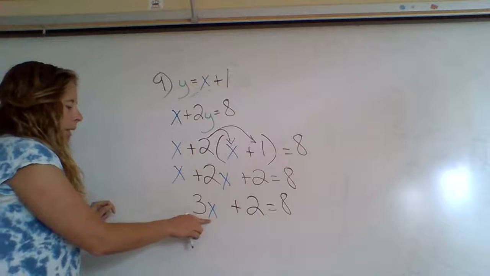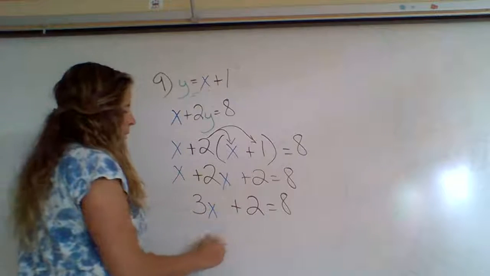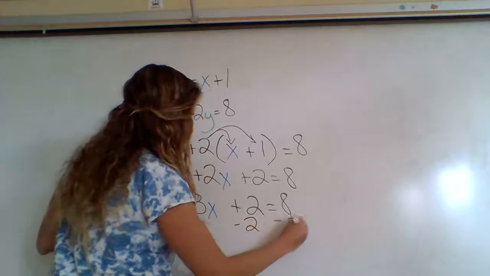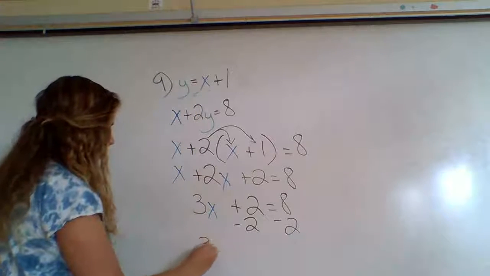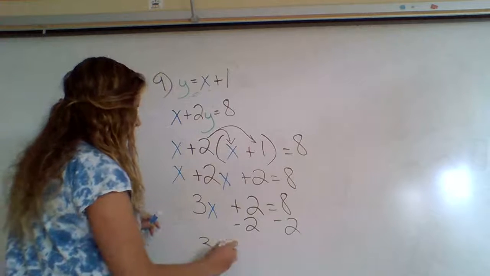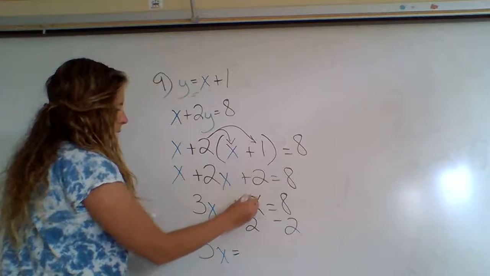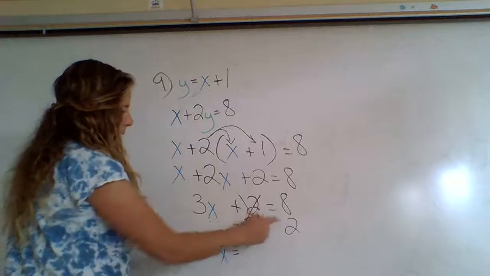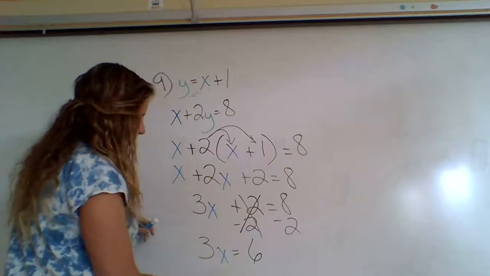Solve for x, so we want this guy all alone. I'm going to subtract 2. 3x is equal to 8 minus 2, which is 6.